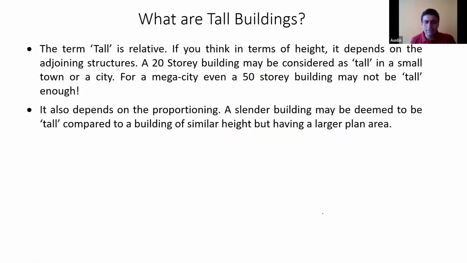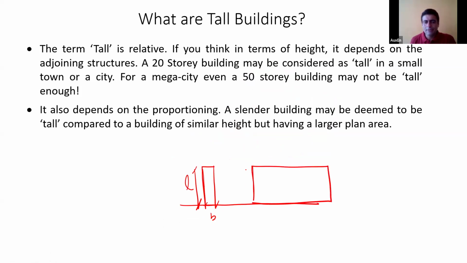So, for example, if I have a building which has a taller height and a shorter plan width, this may look tall compared to a building which is squat like this, isn't it?